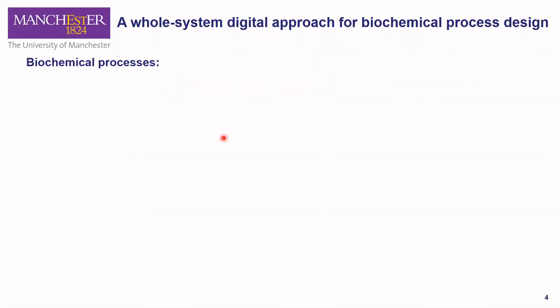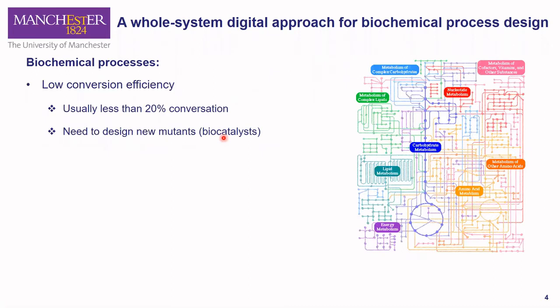First of all, compared to a petrochemical process where the reaction conversion can be over 90%, the raw material to final product conversion in a biochemical process is often lower than 20%. And that is because of these complex metabolic reaction networks.